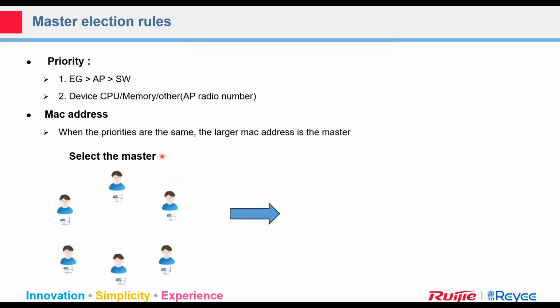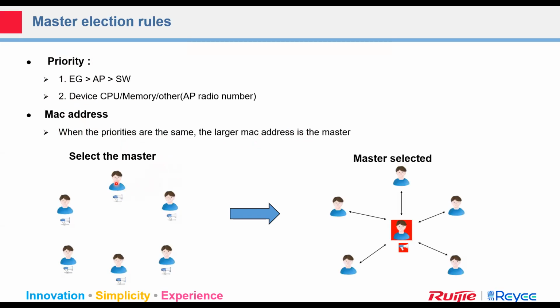So how do they select a master? When all devices are initialized and these requirements are met, it elects one master, and everybody will follow the master.